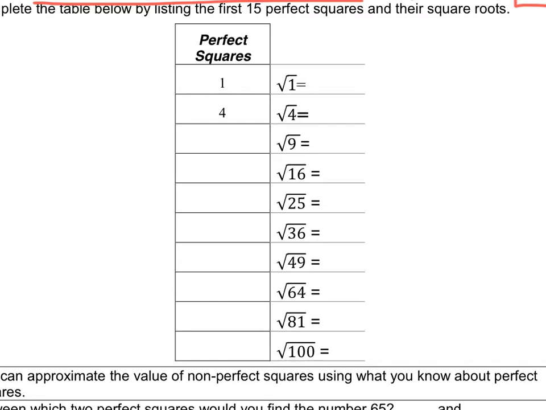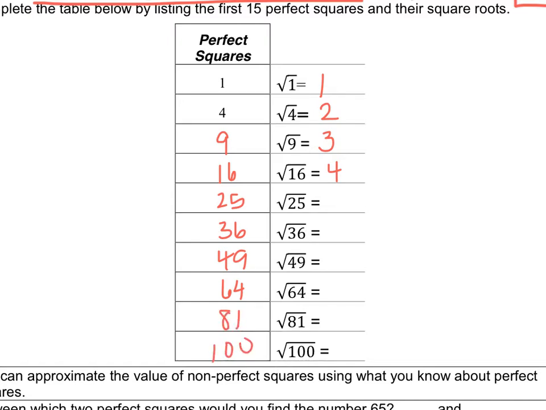So we know that the square root of 1 is 1. 4 is a perfect square because the square root of 4 is 2. 9 is a perfect square because 3 times 3 equals 9. 16 is a perfect square, and the square root of 16 is 4. So is 25, 36, 49, 64, 81, and 100.